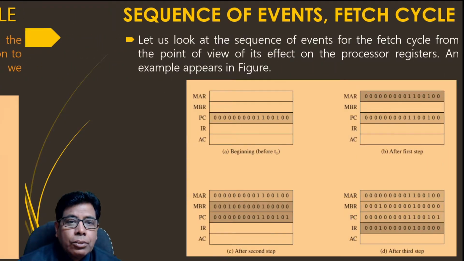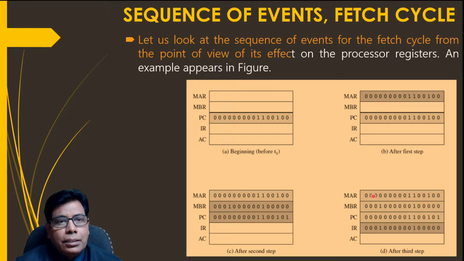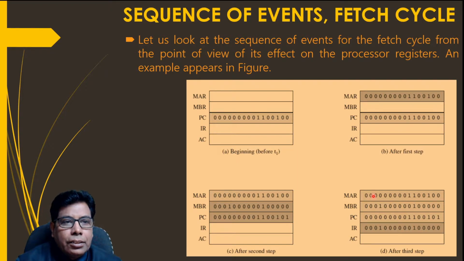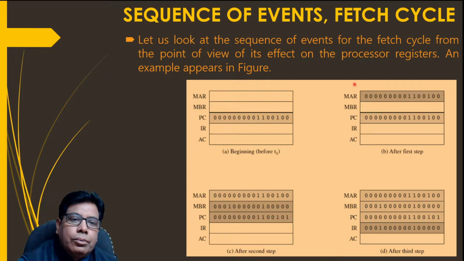Let us go further. Now the sequence of events in the fetch cycle. Let us look at how the processor registers are loaded and what the sequence of operations will be.